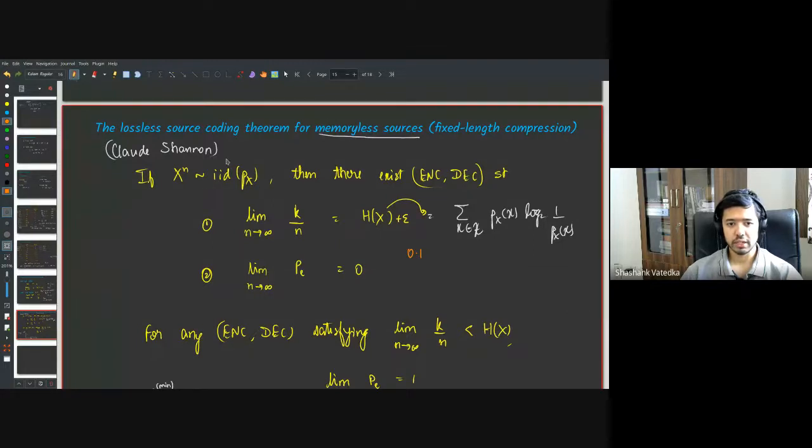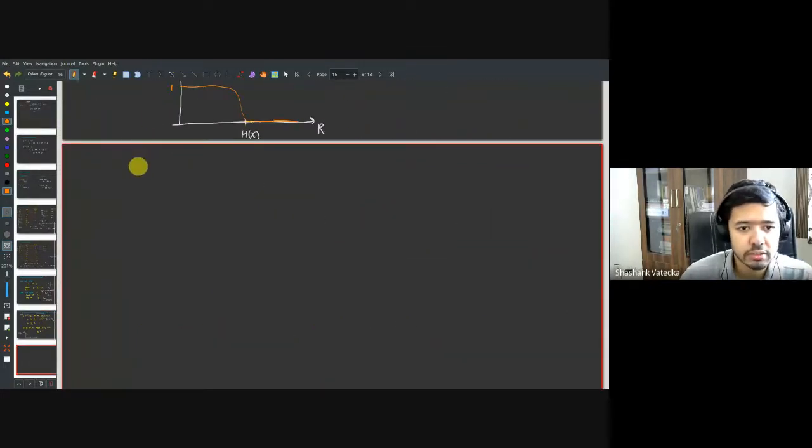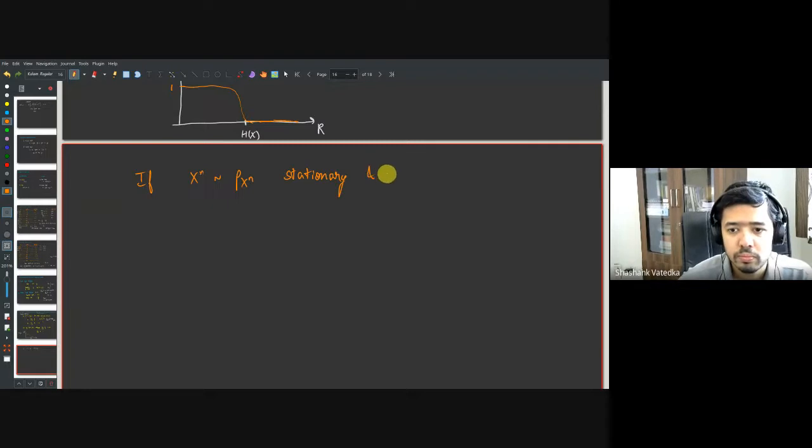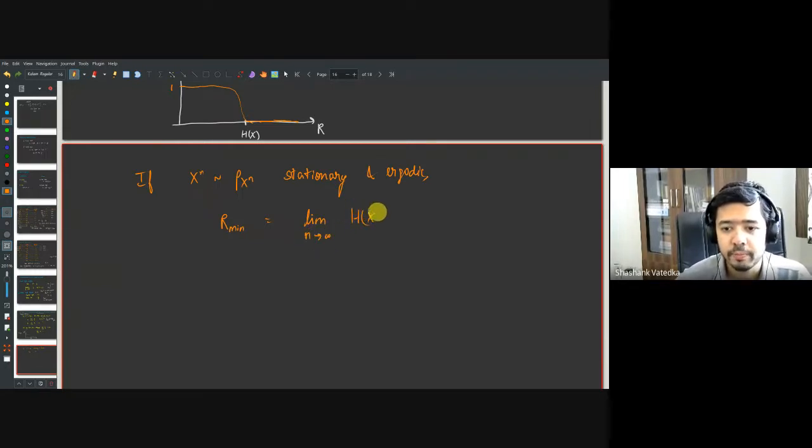It is not just for IID sources, but as long as xn is distributed according to pxn, which is stationary and ergodic, then the minimum rate of compression that you can achieve turns out to be equal to this quantity, the limit as n tends to infinity of h of xn divided by n.